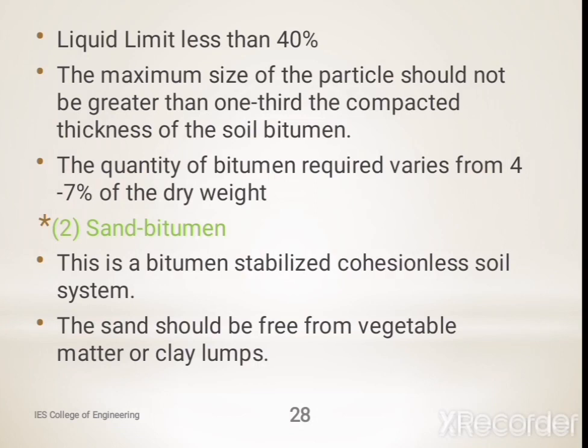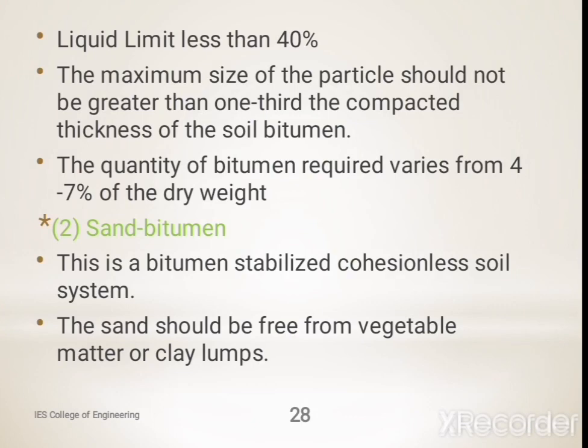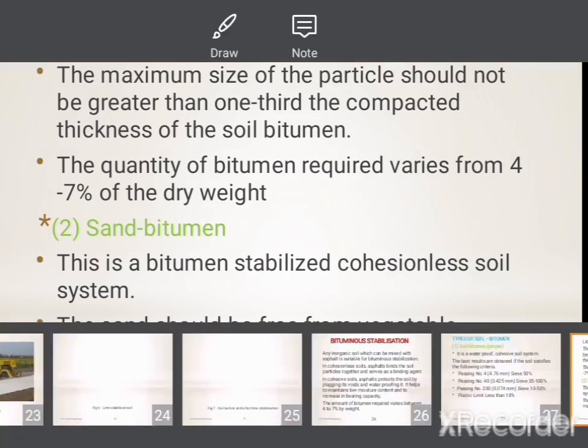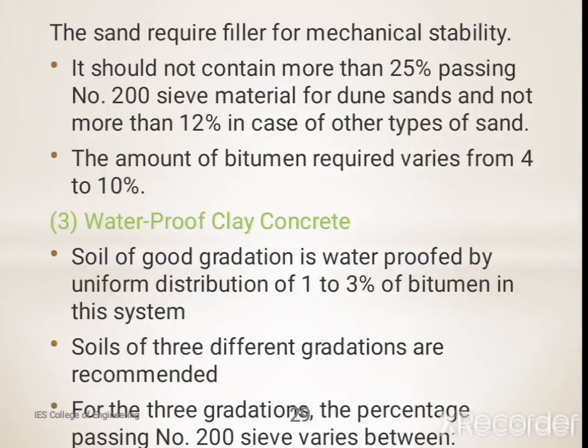The second is sand bitumen. This is a bitumen stabilized cohesionless soil system. The sand should be free from vegetable matter or clay lumps. The sand requires filler for mechanical stability.